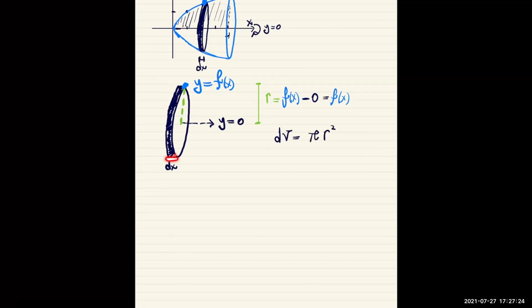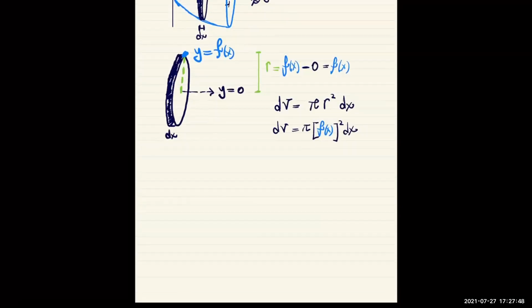Height is just dx, or delta x. Again, pi r squared times the altitude, delta x. Here r is the same as f of x, so our dV is pi times f of x squared times dx, pi r squared.